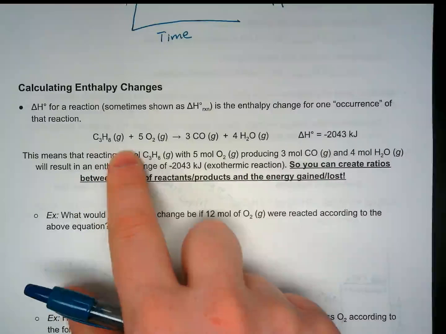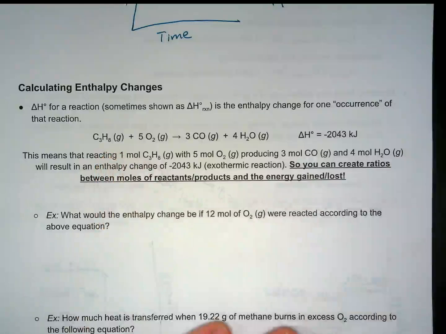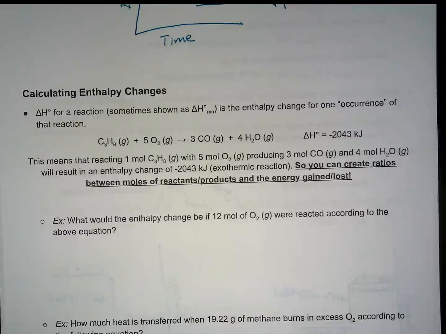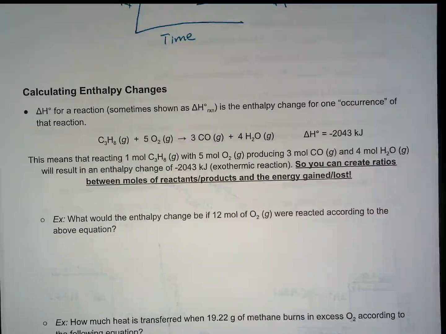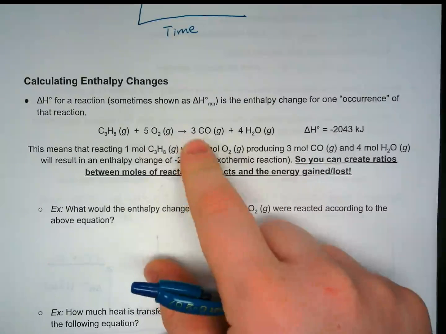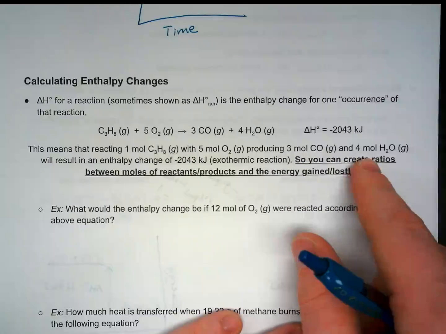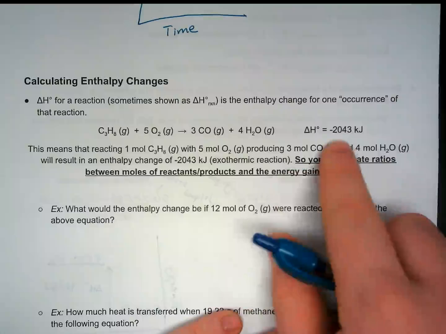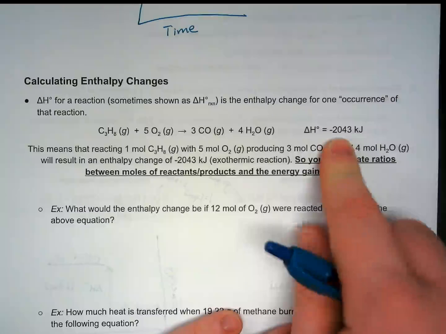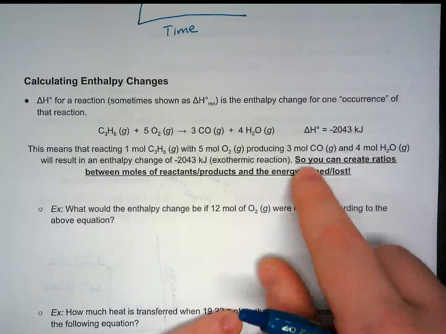In this example with butane, we have 1 mole of butane reacting with 5 moles of O2, and we expect it to produce 3 moles of carbon monoxide and 4 moles of H2O. That should give us a change in enthalpy of negative 2,043 kilojoules. It's losing energy, so it's an exothermic reaction.